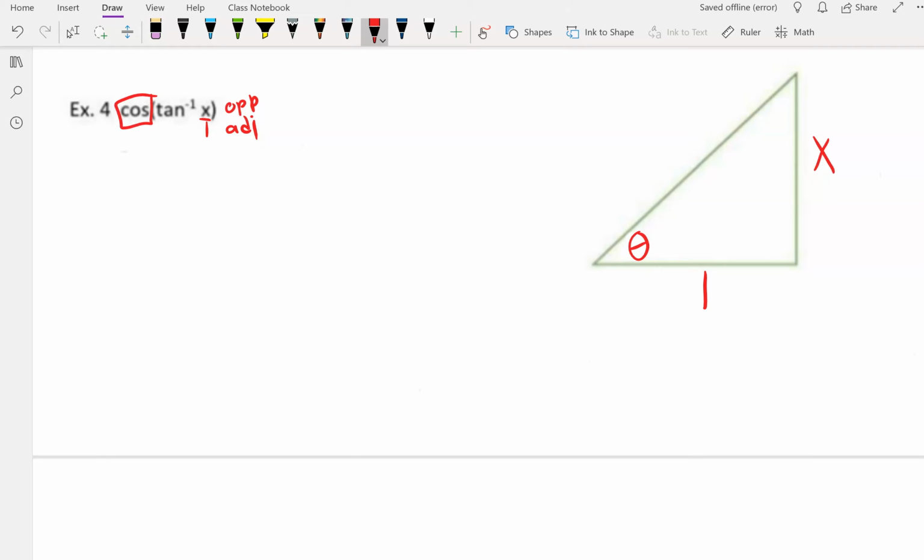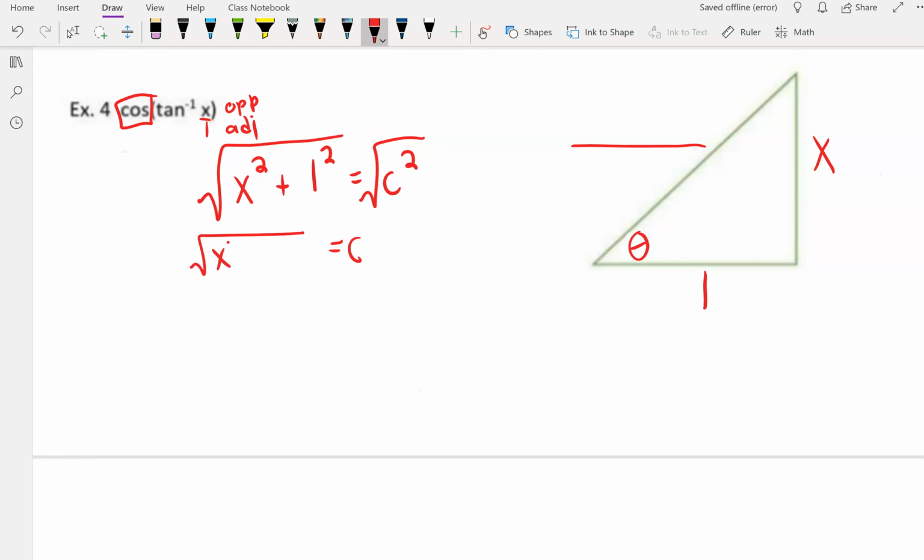Cosine is adjacent over hypotenuse, so we will need to know what the hypotenuse is. So we'll find that now. We'll do x squared plus 1 squared equals c squared, the hypotenuse. And then to solve for c, we're just going to square root both sides. So c is going to equal the square root of x squared plus 1.